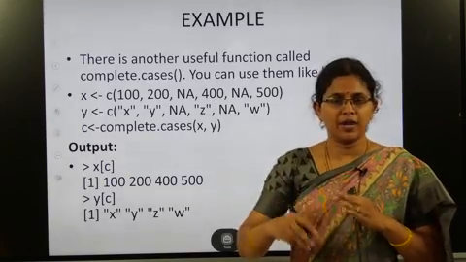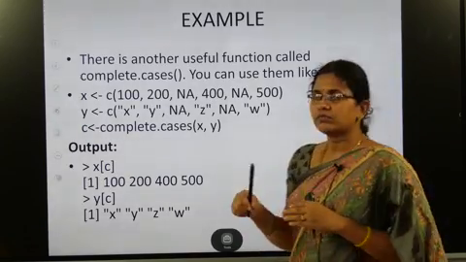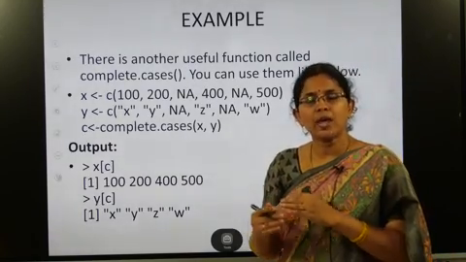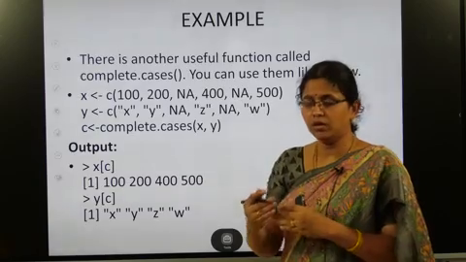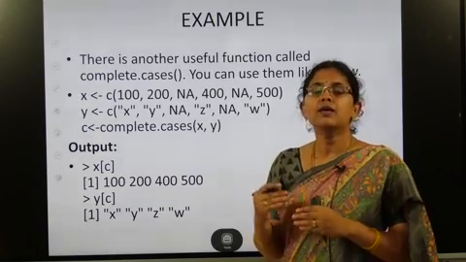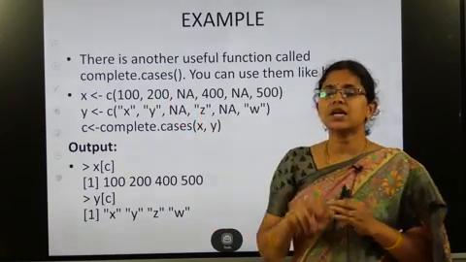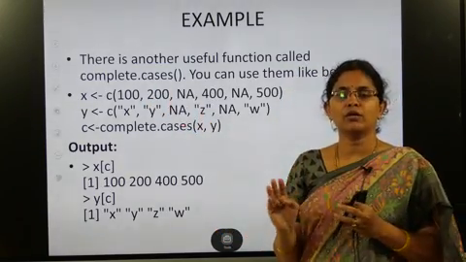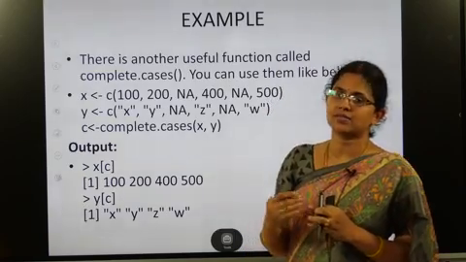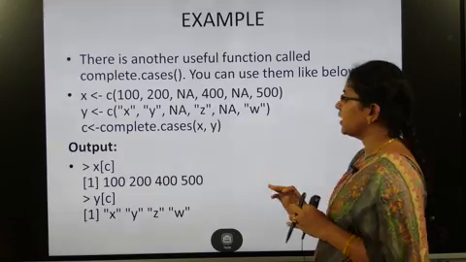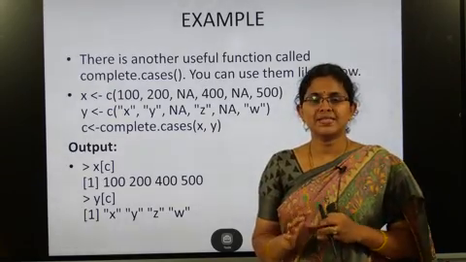Apart from this, another method is there: in order to extract the original values from the data, we will use complete.cases. So these are the two ways that we follow in order to indicate the missing values and extract the values from the data set. Okay, so this is about the missing values.